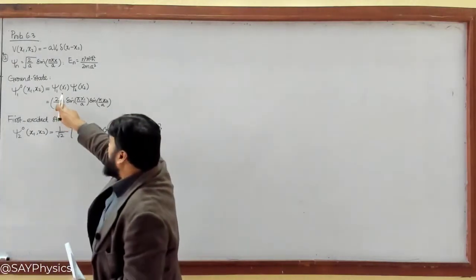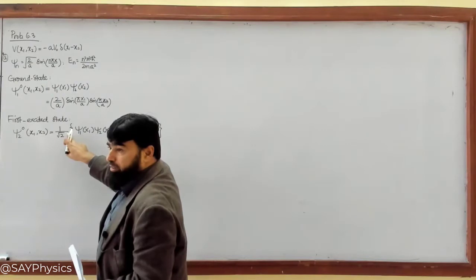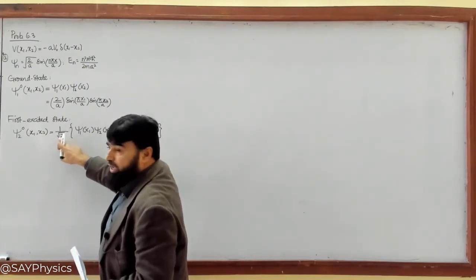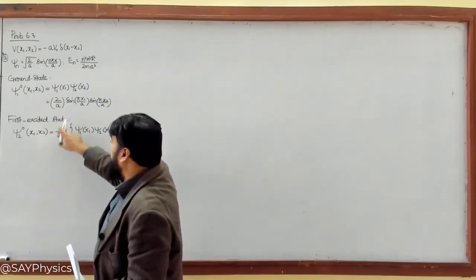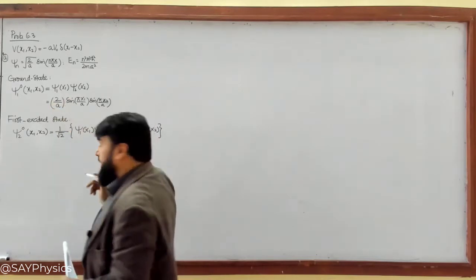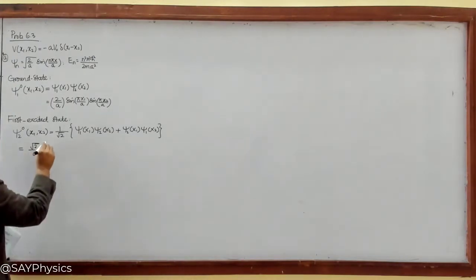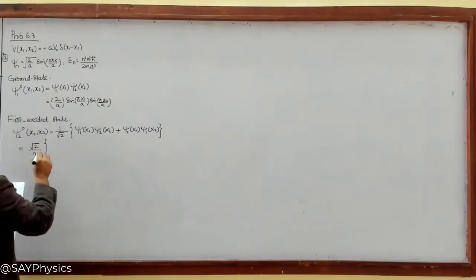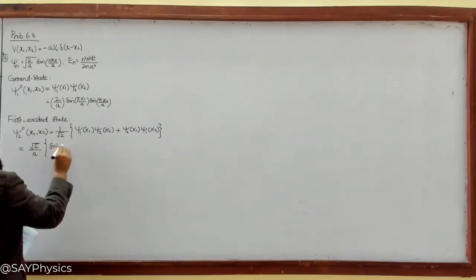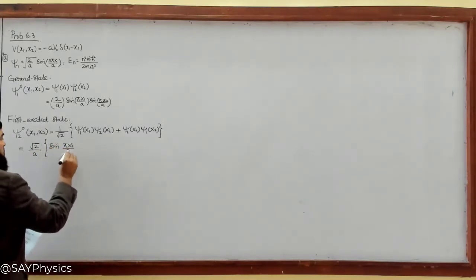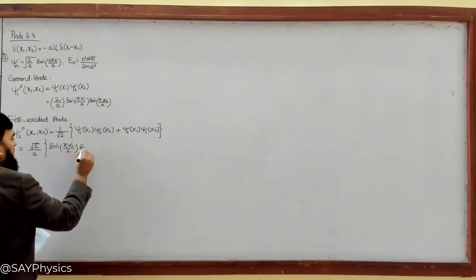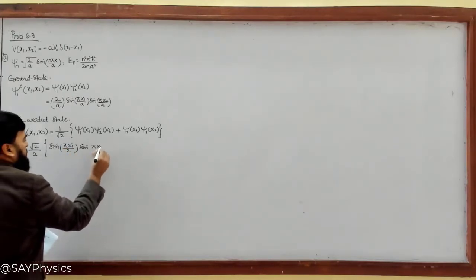So here 2 over a will come, and that 2 over a will simplify with this square root 2, so I can write under root 2 in a. So this is equal to square root 2 and divide by a, and then I can write sine pi x1 over 2 and sine pi x2 over 2.